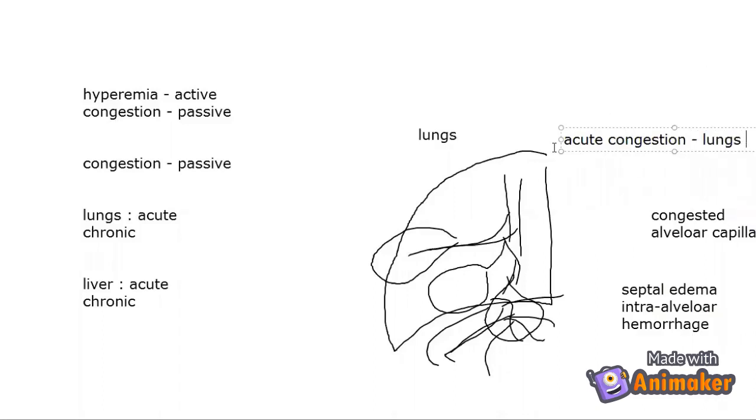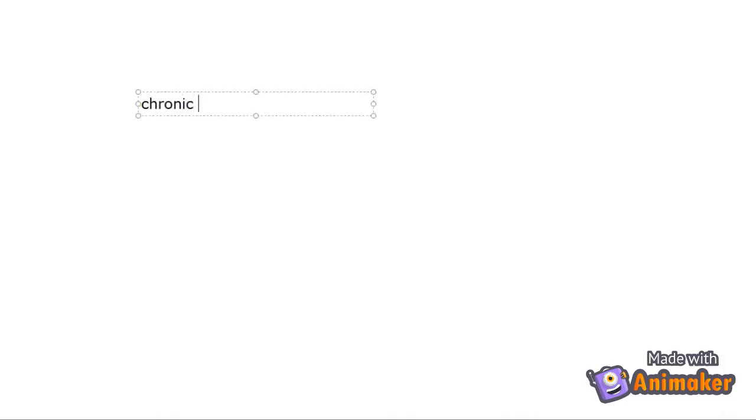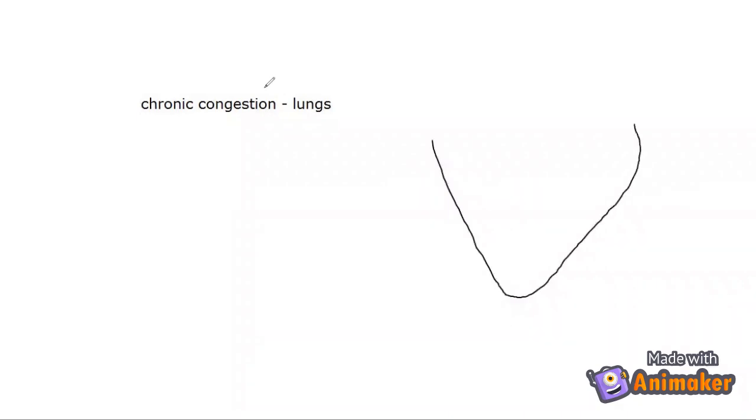But the chronic case is a bit different. Chronic congestion of the lungs. Before discussing, we must revise how the heart supplies to the body. So you must remember there is a right ventricle, which pumps the blood to the lungs.